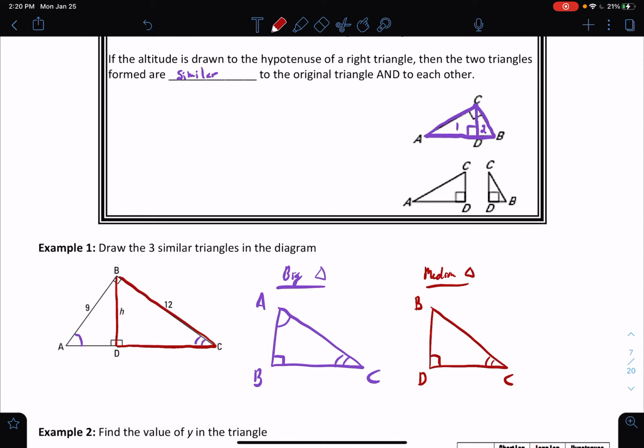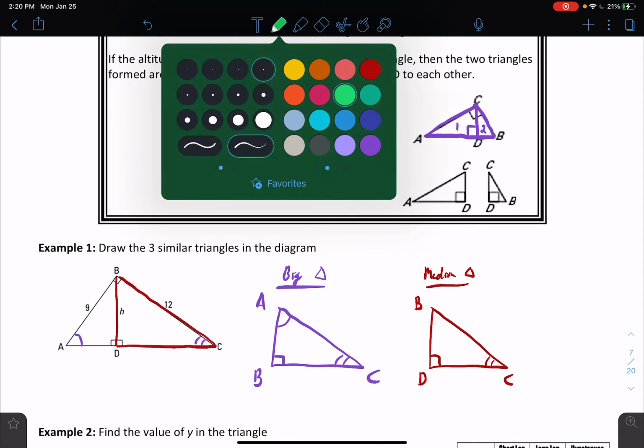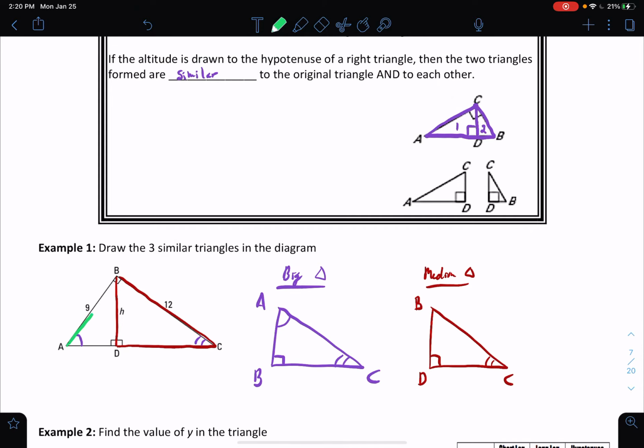And that's got a two-angle swoop at the C because they share that angle C. And then lastly, we've got this small triangle here. That's going to be triangle ADB. D is the 90. Angle A has one swoop.